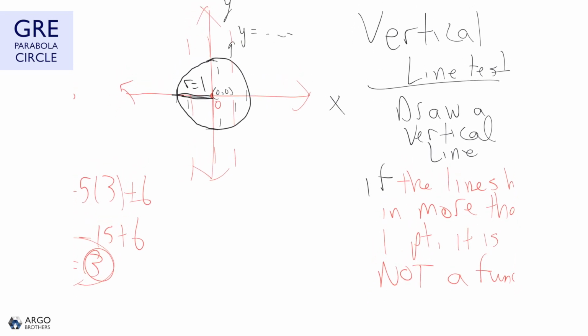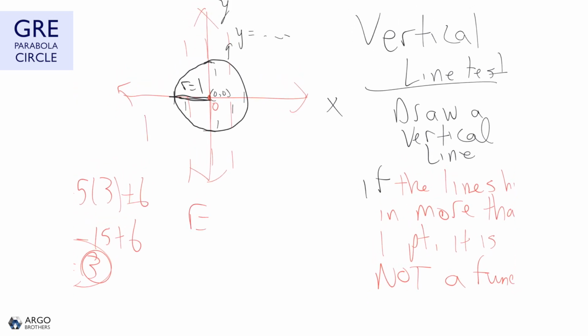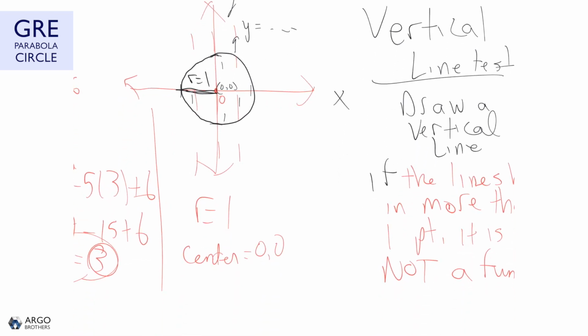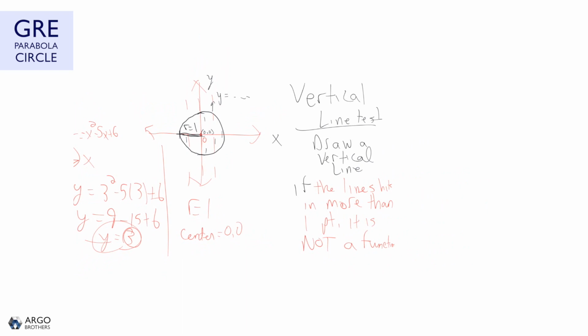So how do we graph it? Well, we know the radius is 1, and we know the center is 0, 0. To graph a circle, we use this general form. It's not y equals, you could put it in that form, but the way we're going to write it is x minus a squared plus y minus b squared equals r squared. r is the radius, and let's go over what the rest are.